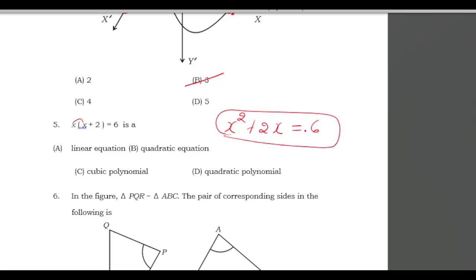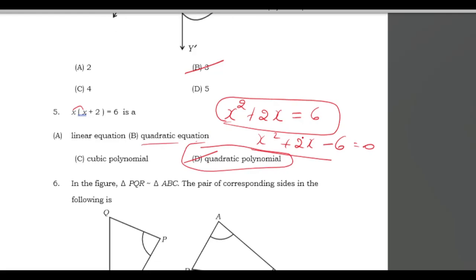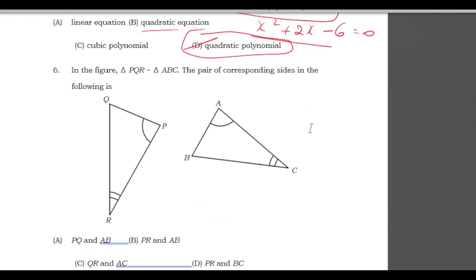So take this number inside: x square plus 2x minus 6. So this is a quadratic polynomial. Suppose if it is equal to 0, that is called quadratic equation. So the correct answer is quadratic polynomial, so there is no 0.